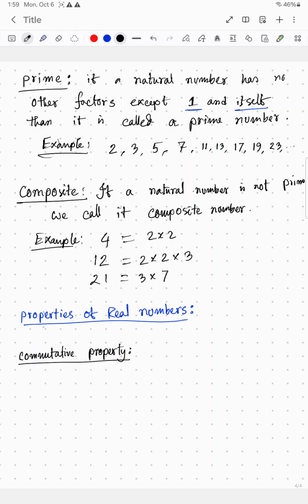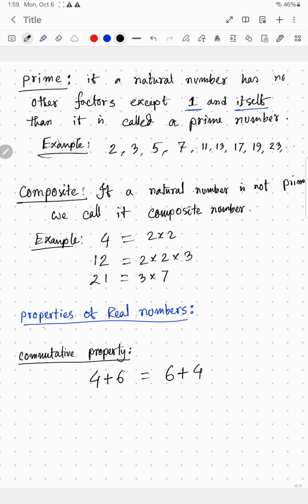For example, if we add two numbers like 4 and 6, is this same if we add 6 with 4? So basically what I'm asking is, if we change the order of our operation, like if we put 4 before 6 or if we put 6 before 4, does it change the value or not?